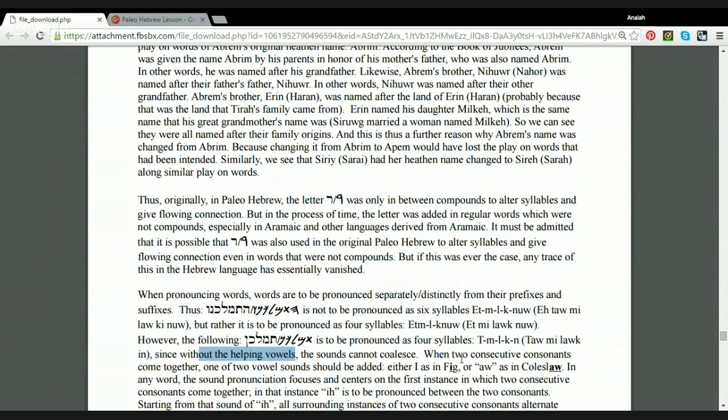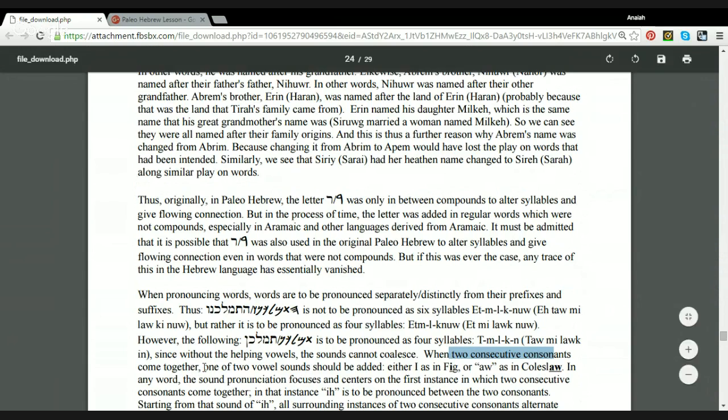And then I say, when 2 consecutive consonants come together, one of 2 vowel sounds should be added, either I as in fig or ah as in coleslaw. In any word, the sound pronunciation focuses and centers on the first instance in which 2 consecutive consonants come together. In that instance, I is to be pronounced between the 2 consonants.